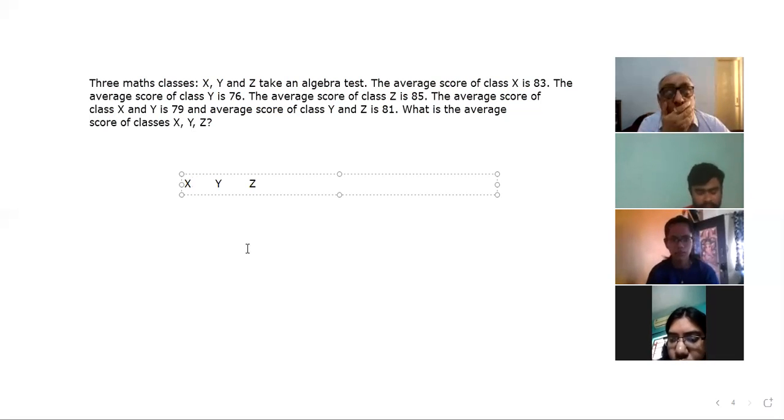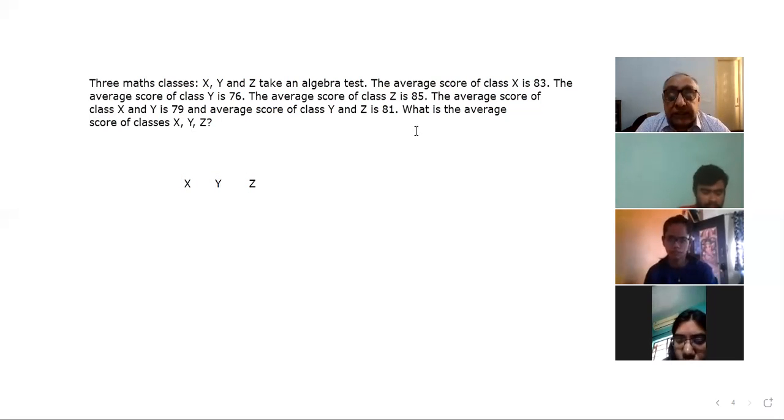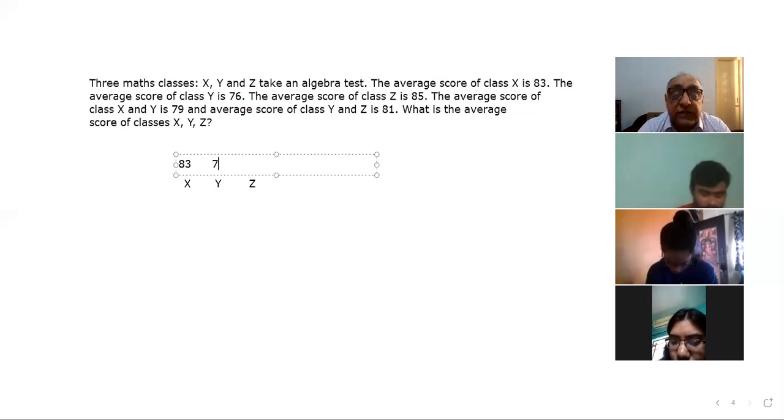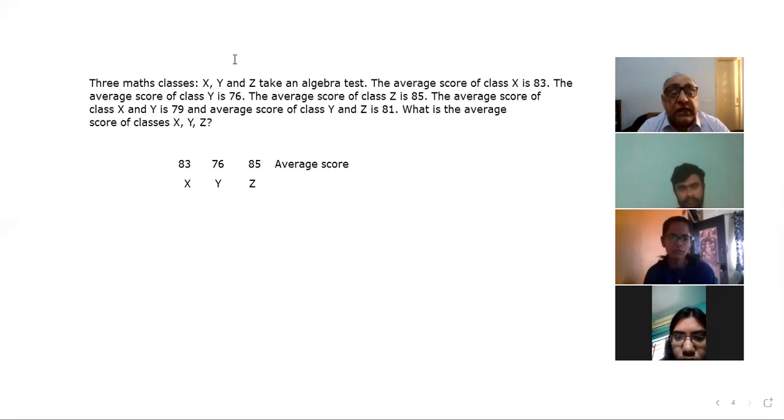According to the statement, the average score of class X is 83, let me write it here, average score of class Y is 76, and average score of class Z is 85. So this is given. Now the next thing is that the average score of X and Y is 79. So these are the two classes.